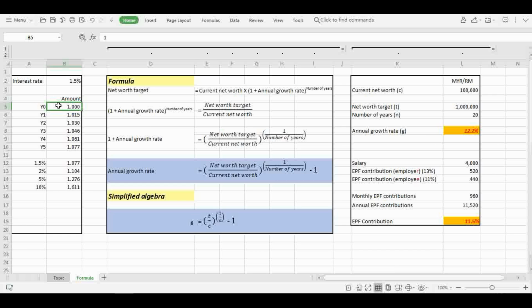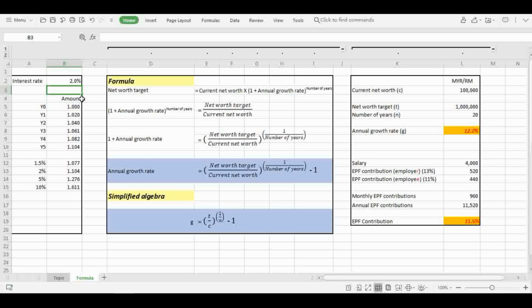Alright, so now let's say instead of 1.5%, I'm going to put a 2%. Assuming for a longer FD, you will get additional percentage points on your FD.